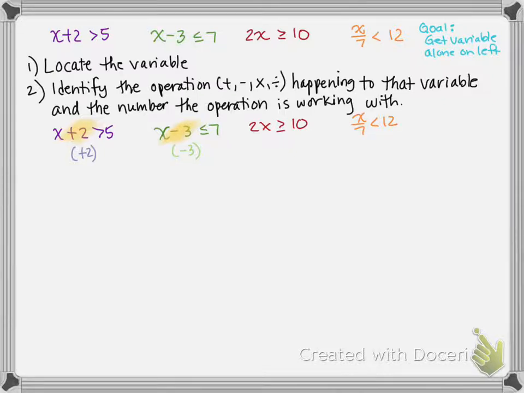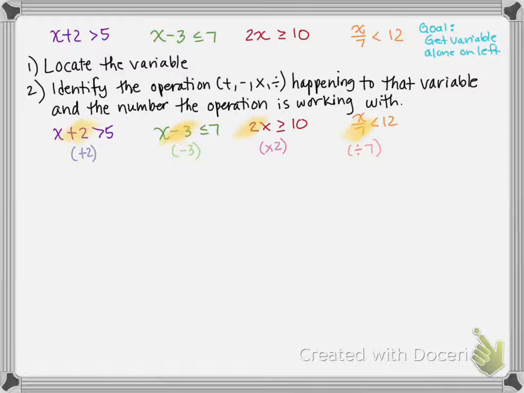And then here, this one's kind of a hard one to see, but if we've got a number butted up to a variable, that means we've got some multiplication going on. So that's going to be multiplying by 2. And then the last one over here, I kind of caught the x in that one. Let's see if I can do that a little bit better. Maybe focus it. Yeah, a little bit down there. That looks better. And then that's going to be dividing by 7. Okay?